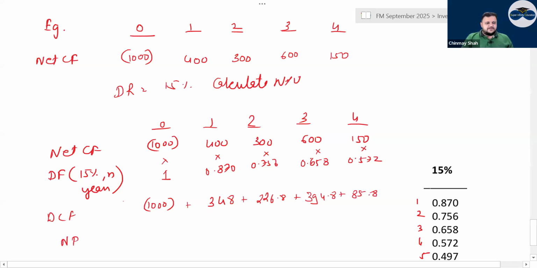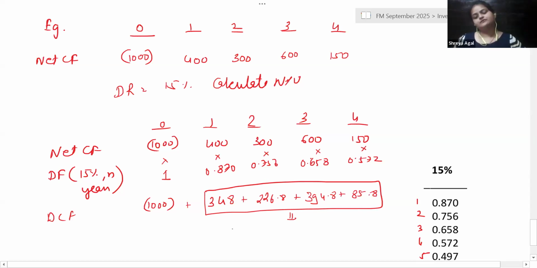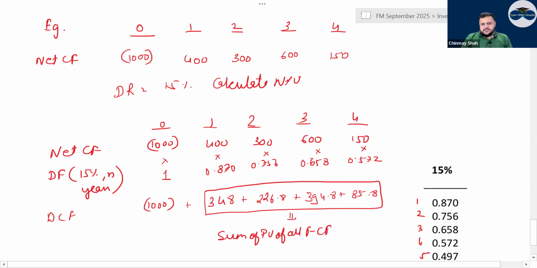See what you do. Wait. This is called what? Write it like this. This is called what? Tell me. Adding all of them: sum of present value of all future cash flows. FCF means what? All future cash flows. I'm not writing inflows now.